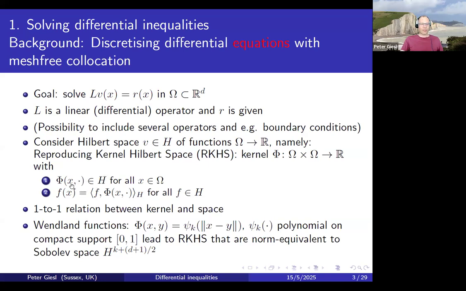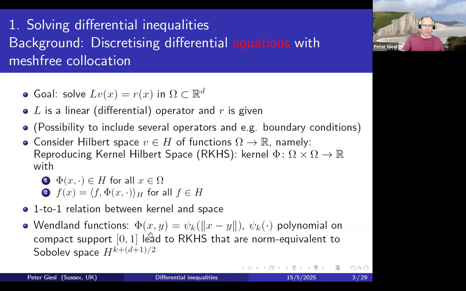And the reproducing property is, if you have any function f in the Hilbert space, you can write it as f in an inner product with the kernel. And this is the x, that's one of the arguments here. And basically, there's a one-to-one relation between kernel and space. So if you have the kernel, you have a space, and if you have the space, you have a kernel.